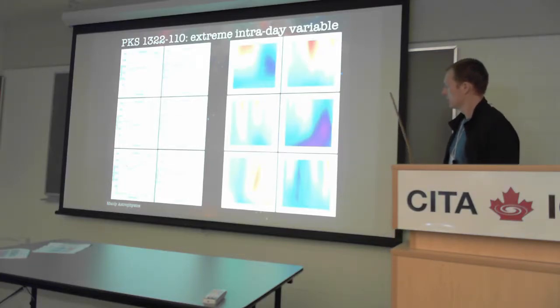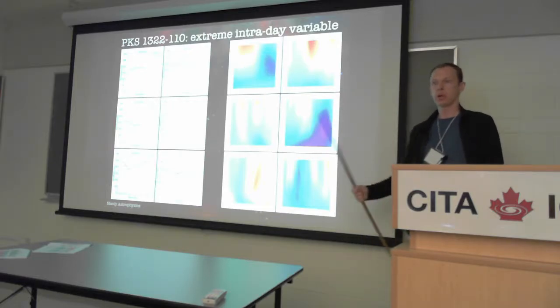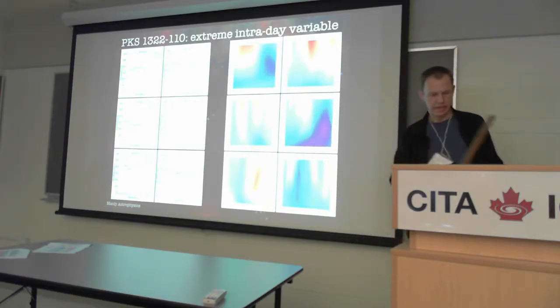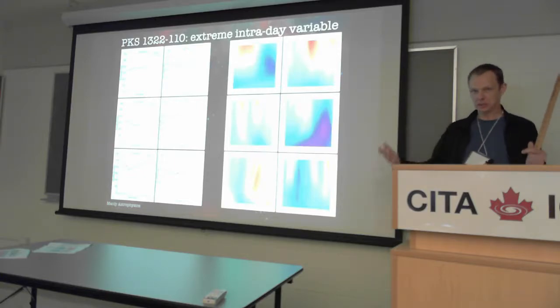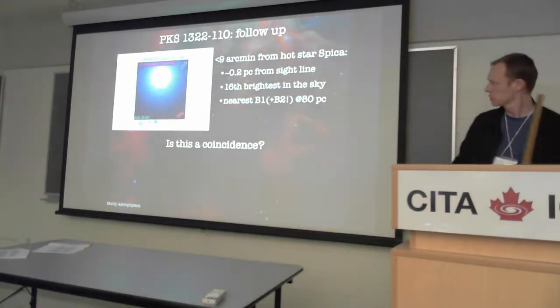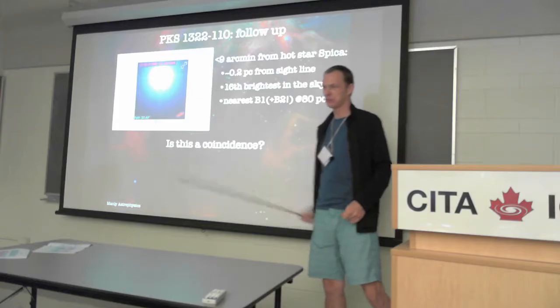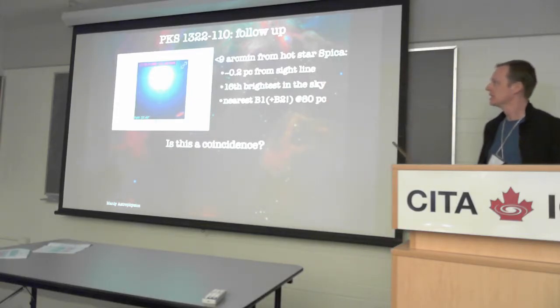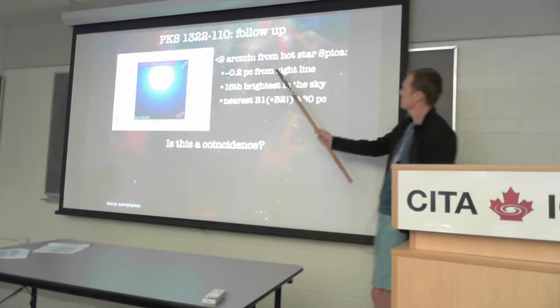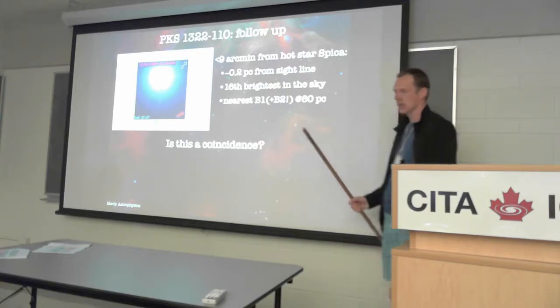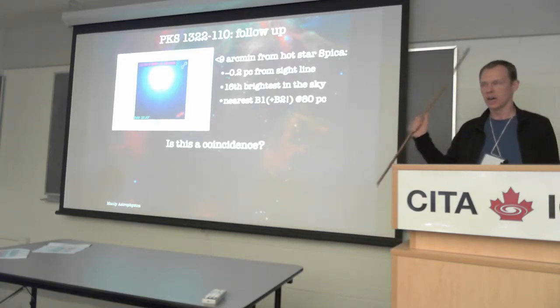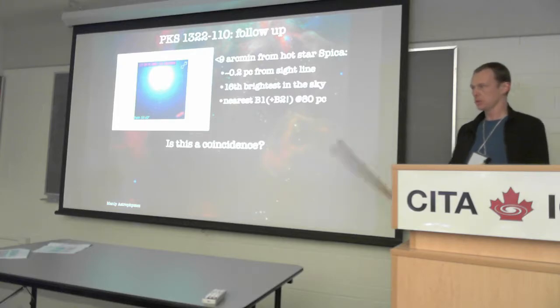Now, naturally, we wanted to do a follow-up. And if you just load that source up in Aladdin, what you see is that huge spot there, and that is Spica. And Spica is just less than 9 arc minutes away. It's the closest B star we have to Earth.